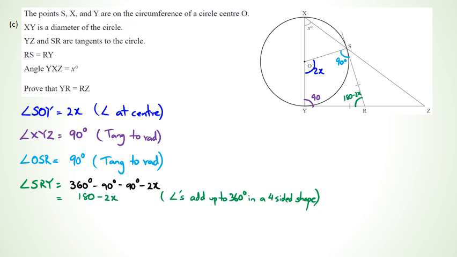So once you have that as 180 minus 2x, then the next angle you could work out is SRZ. Angle SRZ would then equal 2x because 180 minus (180 minus 2x) is going to be positive 2x. So it's angles on a line. So this angle here is 2x.